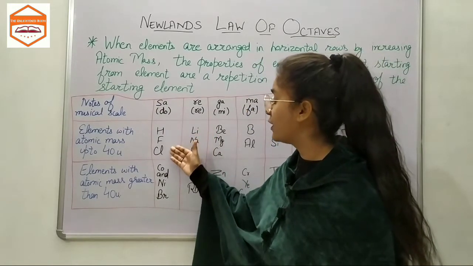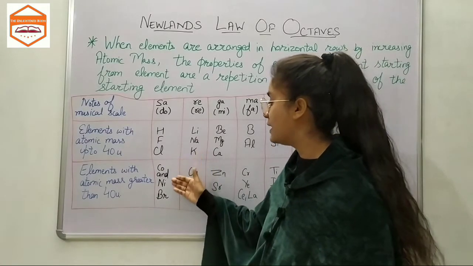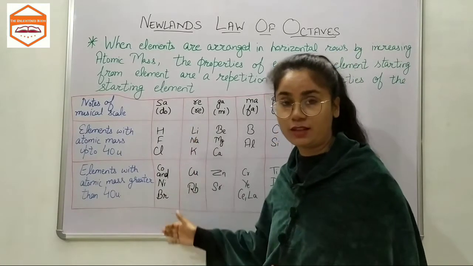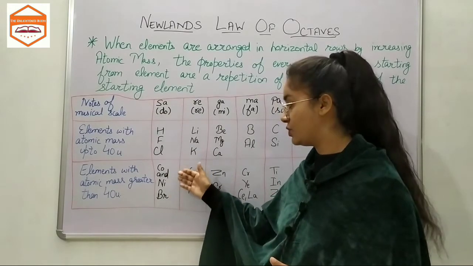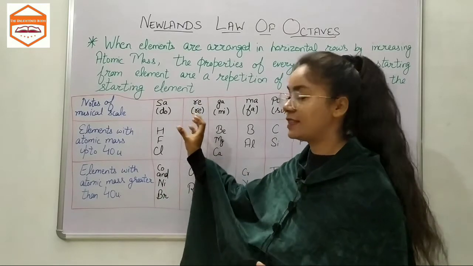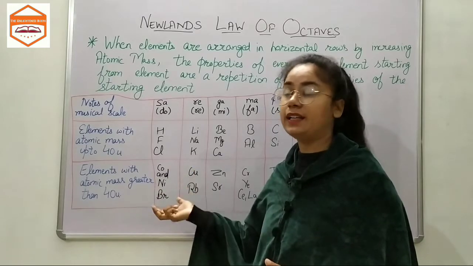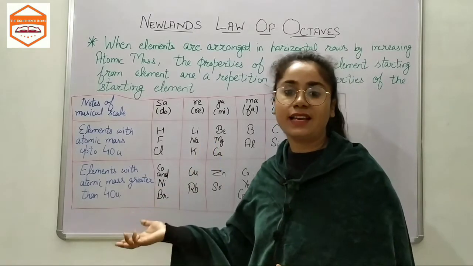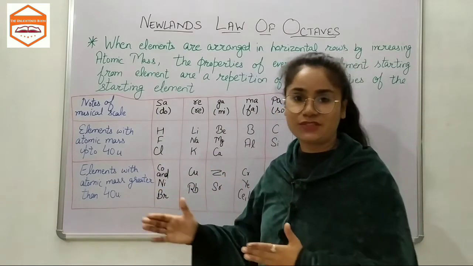As you can see, fluorine, chlorine and bromine are halogens, but he put cobalt and nickel in that column, and you all know very well that they are not halogens. Cobalt and nickel are not halogens, and they are put in the column of halogens. Why? Just to satisfy the increasing atomic mass and to satisfy his trend.